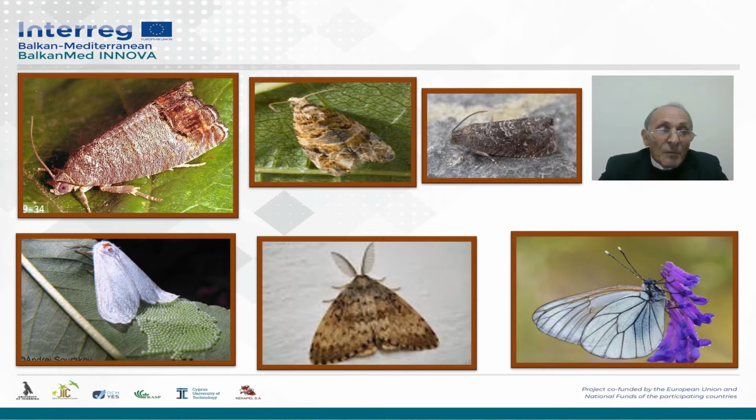We see a polyphagous butterfly, Hyphantria cunea. Here we see Lymantria dispar, a polyphagous insect, especially in the forest. And we have Aporia crataegi, a butterfly that is an insect pest in fruit trees and in the forest too. We see here some examples from the butterfly group.